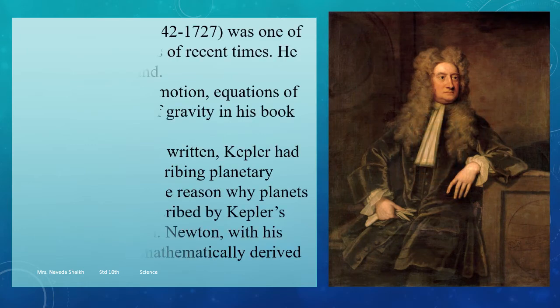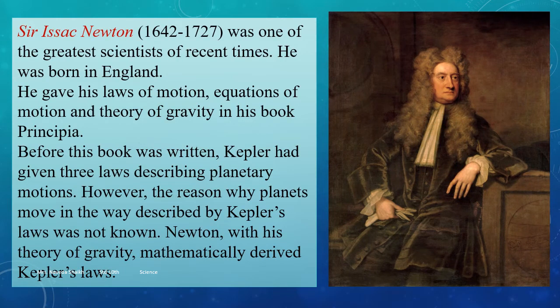He was one of the greatest scientists of recent times. He was born in England. He gave his laws of motion, equations of motion, and theory of gravity in his book Principia. Before this book was written, Kepler, another scientist, had given three laws describing planetary motion. Planetary motion means the movement of the planets in our solar system.